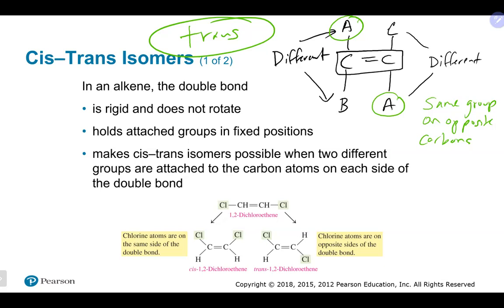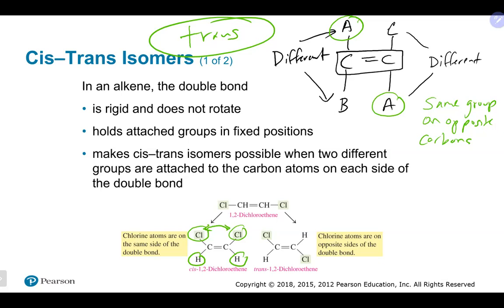If we look at the bottom here, we have a chlorine and a hydrogen, which are different. In the case of cis and trans, we do consider hydrogen a group. We have a chlorine and a hydrogen, which are different, and we do have the two chlorines that are the same on opposite carbons.